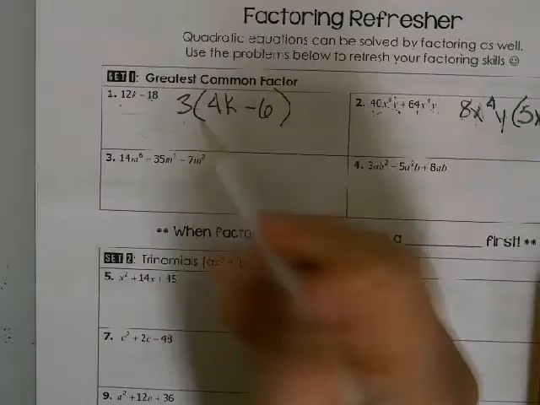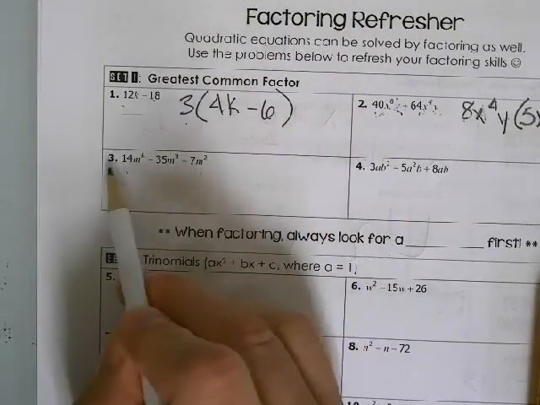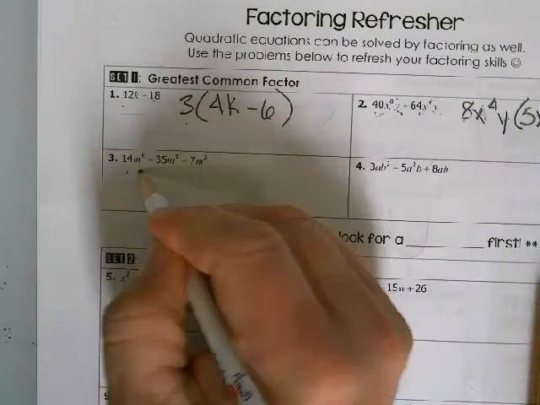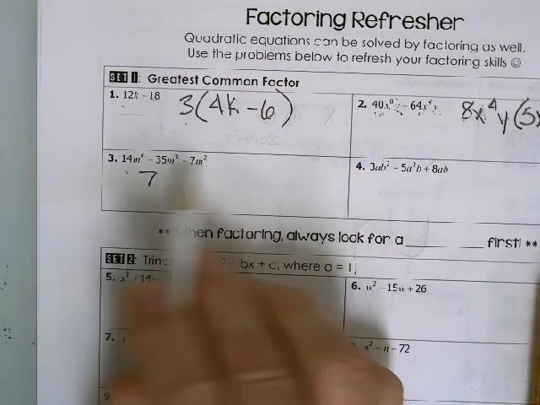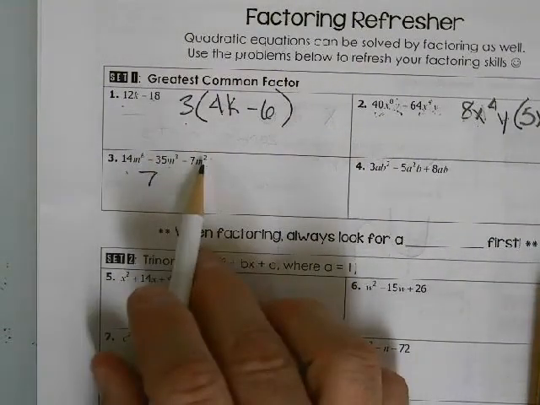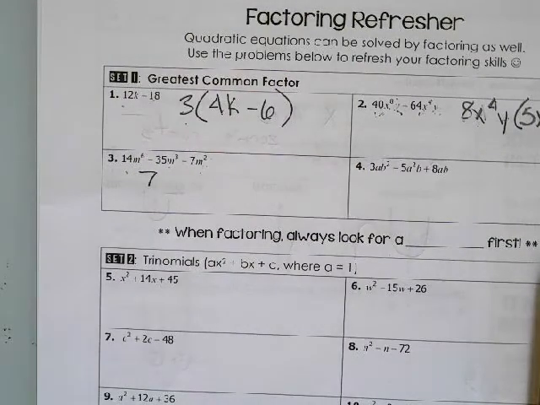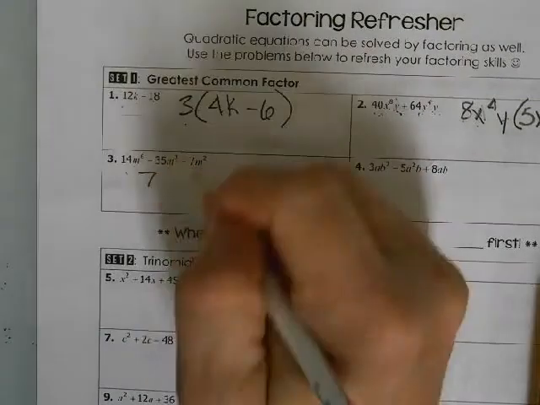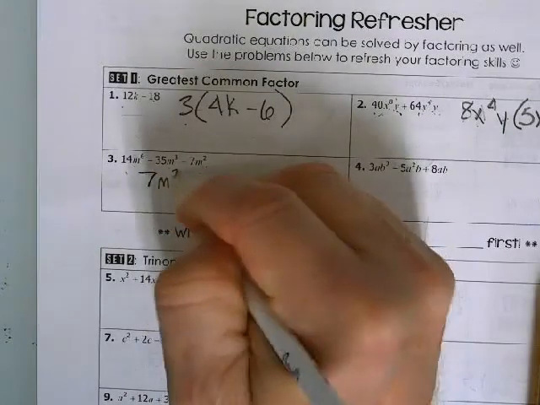So here I see 7 goes into all 3 of these. M, look for the smallest. If you have m to the sixth, m to the third, m squared, the smallest exponent would be your common term, which is m squared.